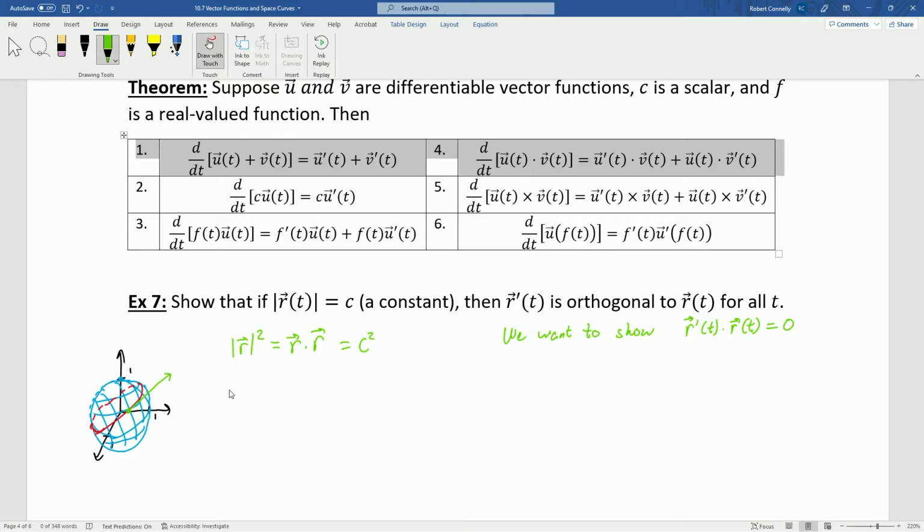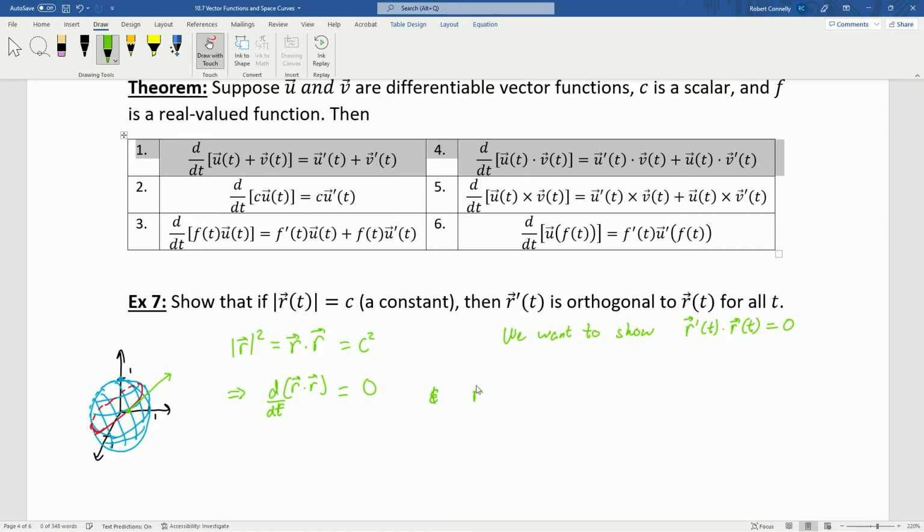Well, here's what else I know. I know that if this dot product is a constant, then if I take the derivative with respect to t of r dot r, I should get 0, because it's the derivative of a constant. Okay, but what else?